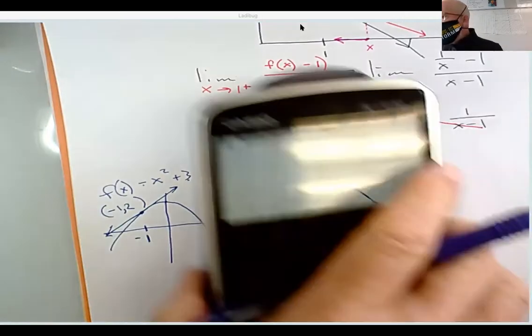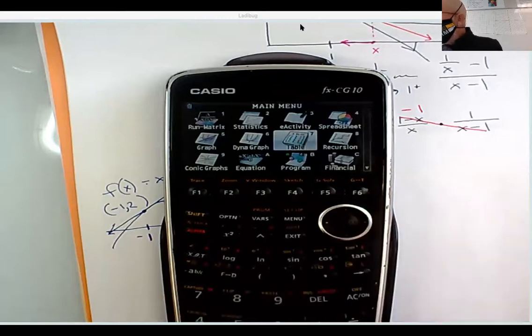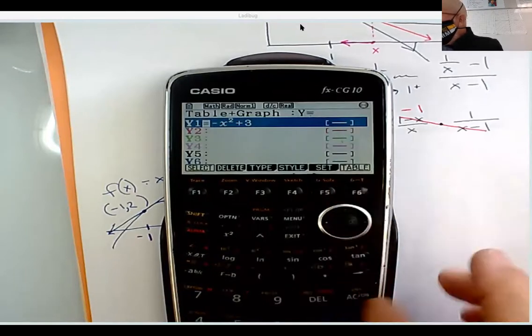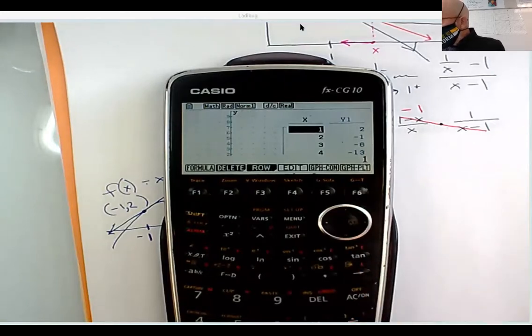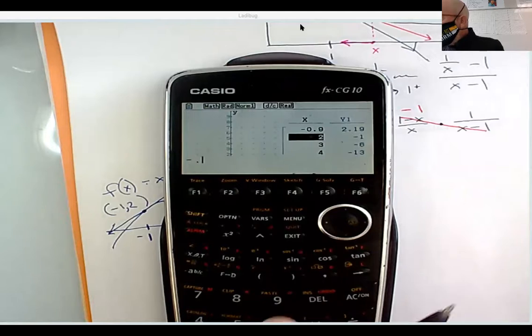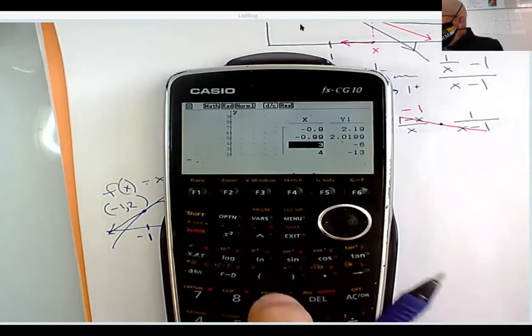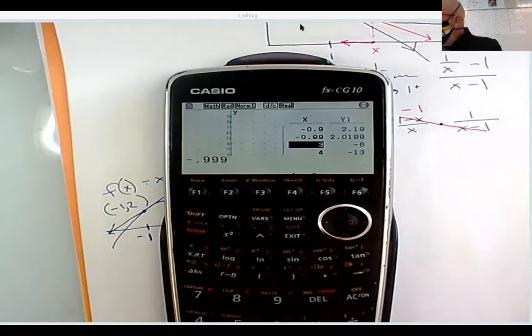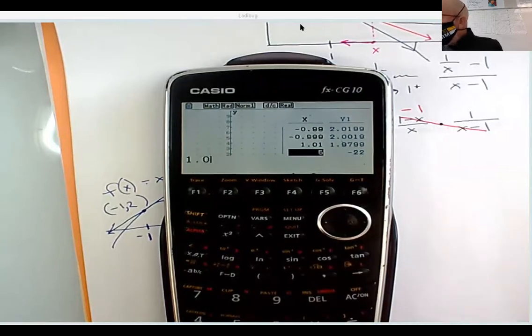Olivia, I could do the same thing. I could go to my table, and I want to pick numbers that are really close to a -1. So I'm going to put a negative 0.9, a negative 0.99, a negative 0.999, and then I'm going to put a 1.1, 1.01, and 1.001.